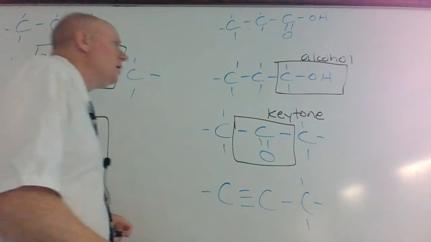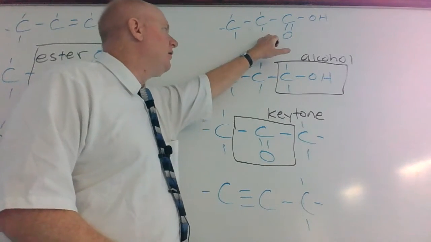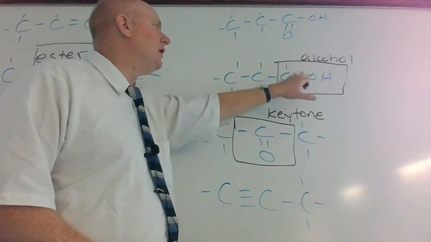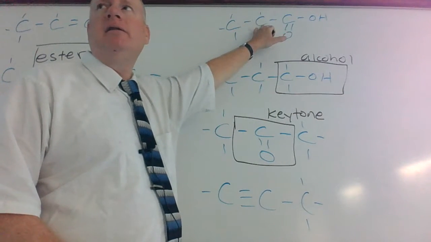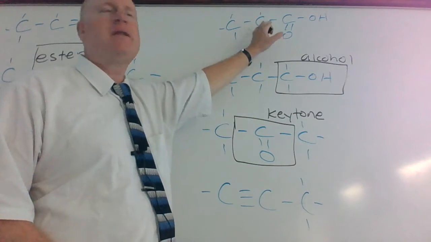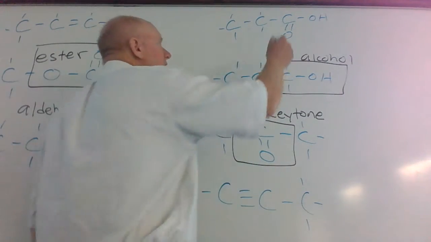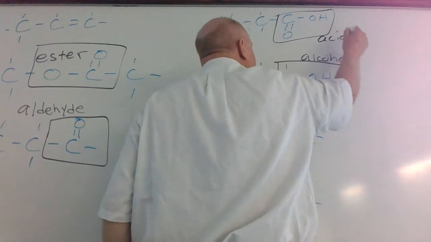All right, as we proceed forward, how is this compound different than this one? It has this double bonded oxygen. So in this case, here's your organic family. You can just say acid, and that's fine.